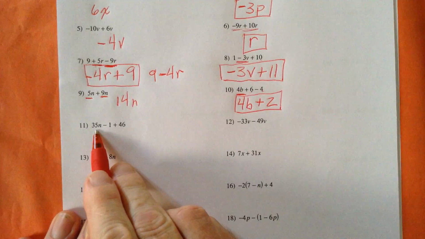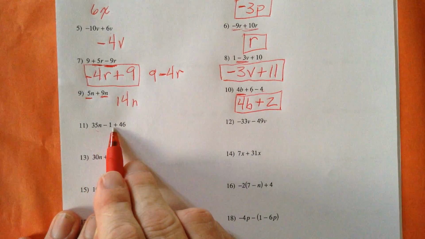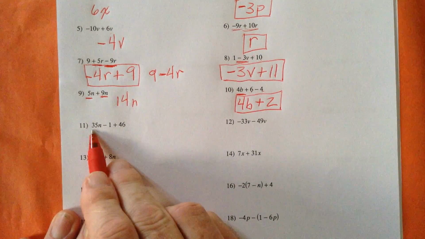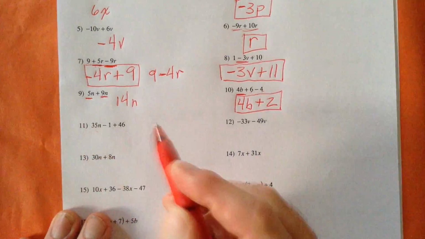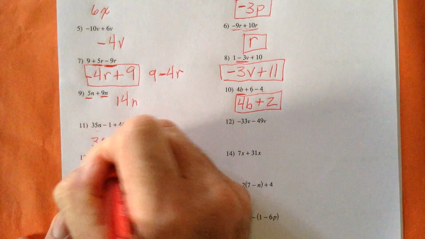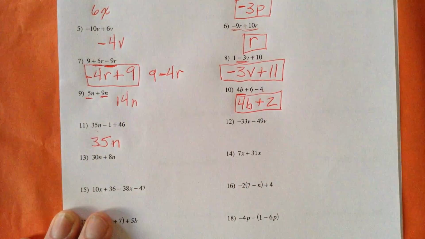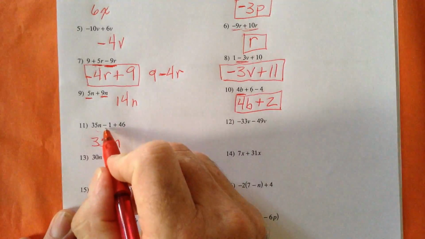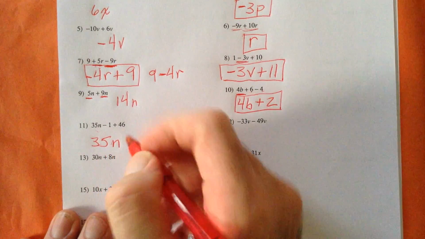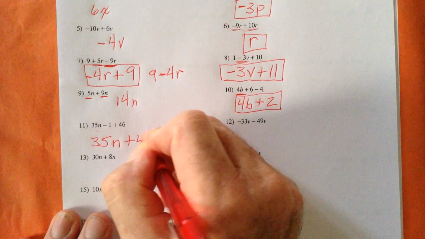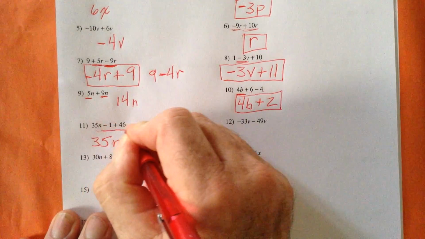Here I got 35n minus 1 plus 46. So there's only one 35n here. I can't combine that with anything, so I just put 35n. Then negative 1 plus 46 ended up being a positive 45. Put those two together.